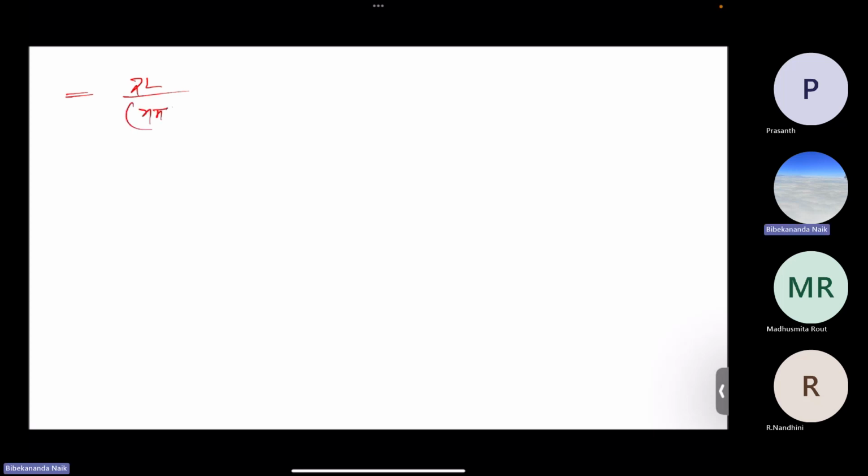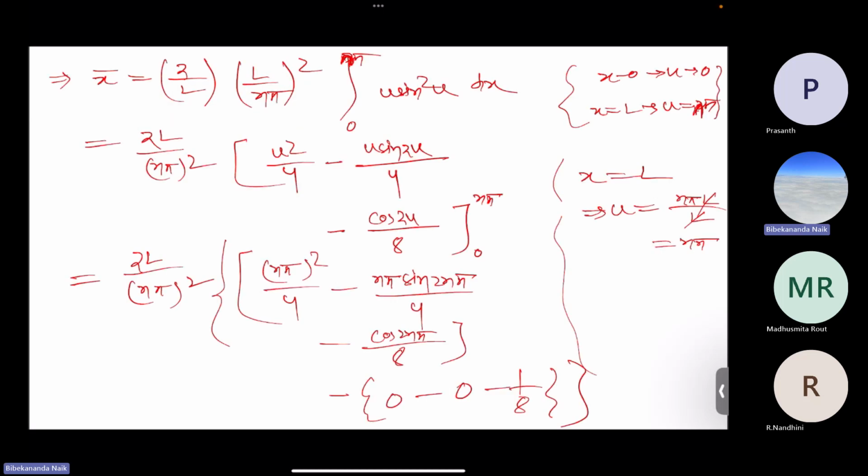So if you solve it, it will be 2L by n pi square into n pi square by 4, because sine 2n pi is 0. This is minus cos 2n pi by 8, and cos 2n pi is 1, so it will be minus 1 by 8, and then minus of minus 1 by 8 gives plus 1 by 8. So these two get cancelled out.